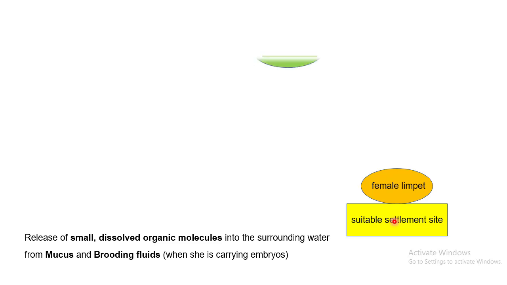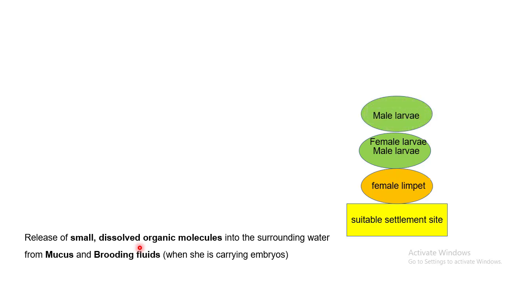The larvae that are attracted to this female limpet are first male in nature, they settle there, and after some time they develop into females. So the process continues. This larva, which was initially male, has now been converted into a female. This female again releases the small dissolved organic molecules into the surrounding water and attracts other male larvae, which again are converted into females.